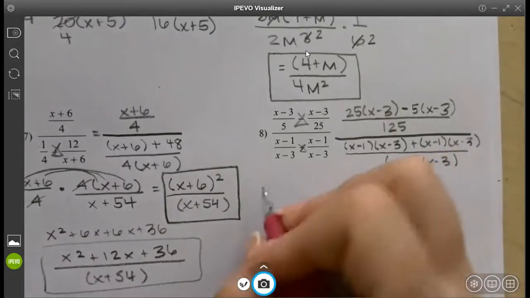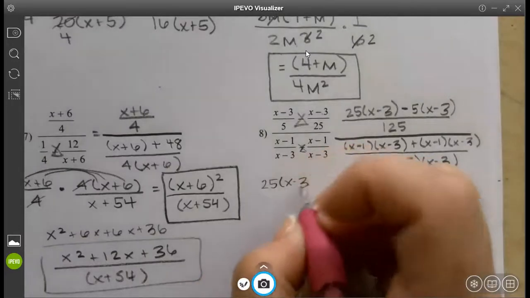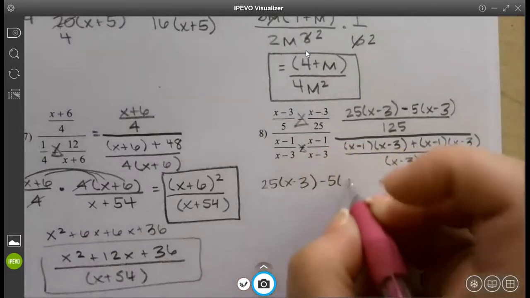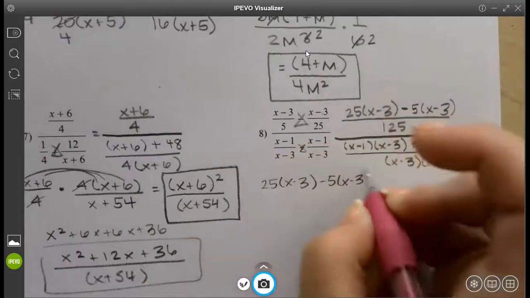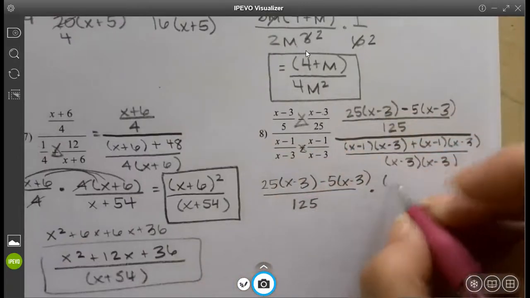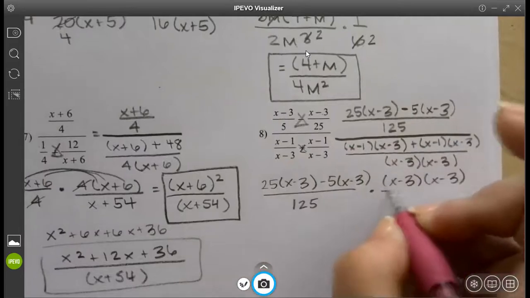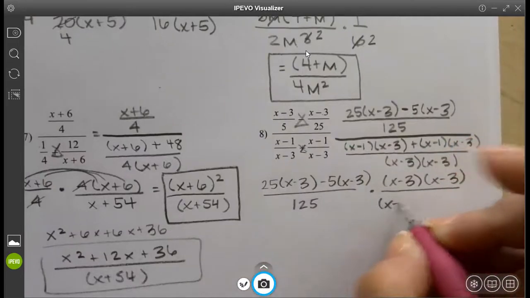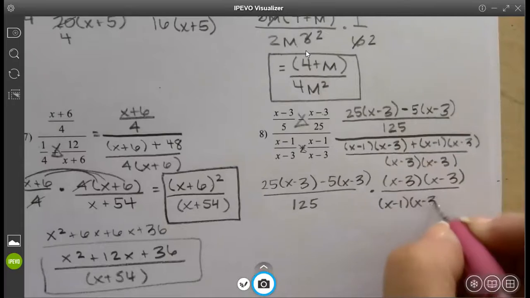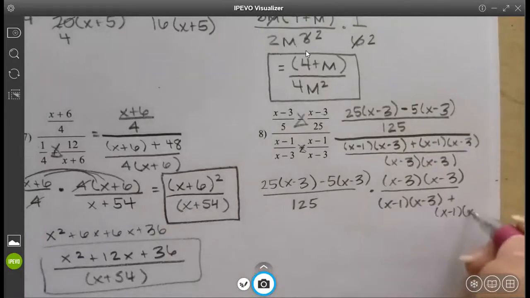All right, we're going to flip it around. I'm going to leave it as is for right now without simplifying it at all. Change it to multiply x minus 3 over x minus 1 x minus 3 plus x minus 1 x minus 3.